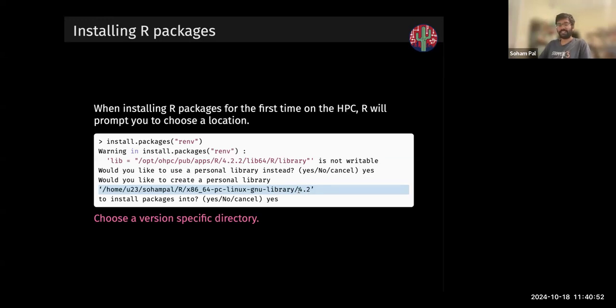So this is fine. But suppose if you were to choose a path which did not have that version number, then that can cause problems afterwards if you were to use a different version of R. Okay, so when you're installing packages in R, choose a version specific directory to install them.